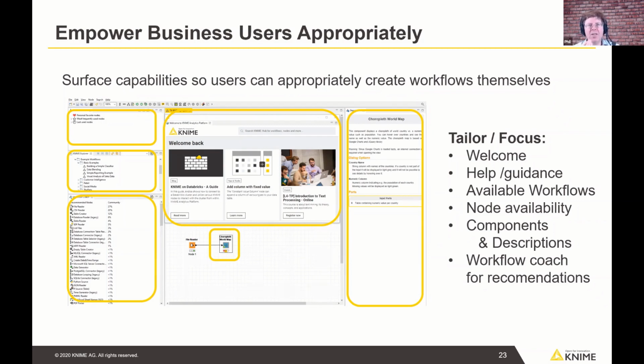Something very important here is that KNIME has built in what we call a recommendation engine. This is the workflow coach. What this does is it takes the wisdom of the crowd, either the public community that provides its data, or even within your organization, if you've set it up that way with KNIME Server, so that it makes recommendations.